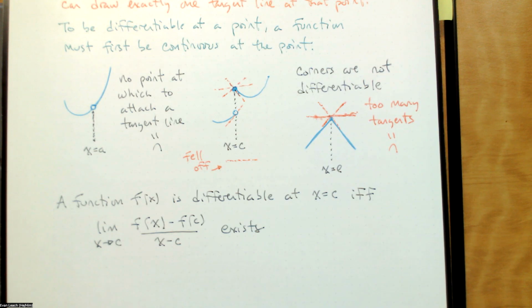I like opening up with this in our definition of differentiability, because what we're trying to do is find the slope of a line tangent to a curve at a point, which is just change in y divided by change in x. And this is how we say you can do that.